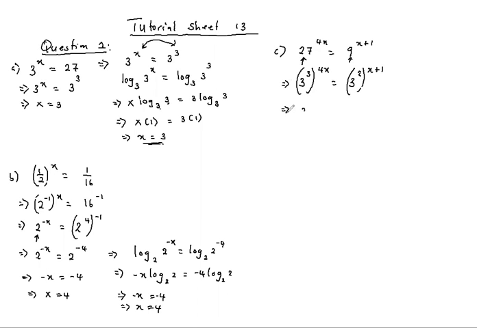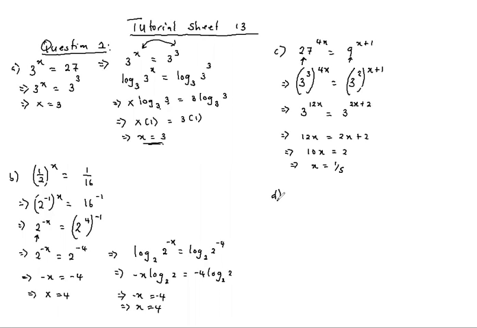What does this become? 3^(12x) is equal to 3^(2x+2), and I expand there. So this means that we have 12x is equal to 2x plus 2. This is the same as having 10x is equal to 2, so that x is 1 over 5.